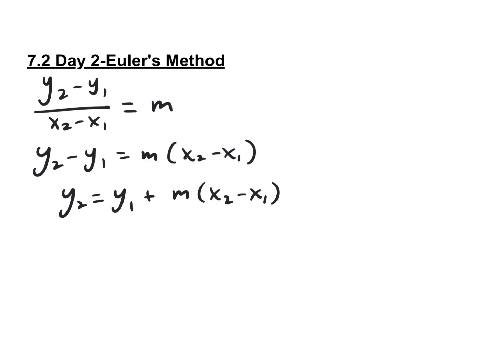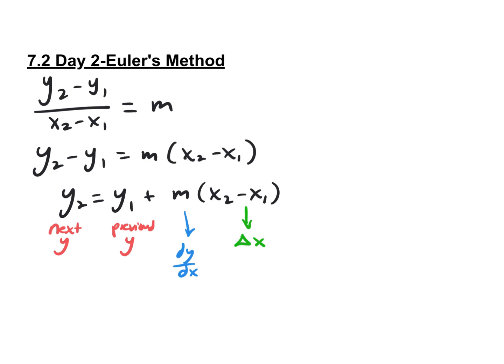So again, if you think big picture, what we're trying to do is find what our new y is going to be. And we find our new y based on what the previous y was, plus the slope times the change in x. And so here's where Euler's method comes in. That's our next y, our previous y. Of course, now we know slope is dy over dx.